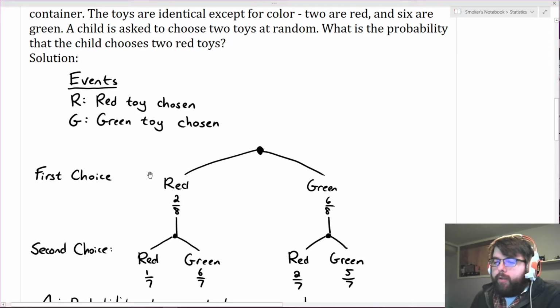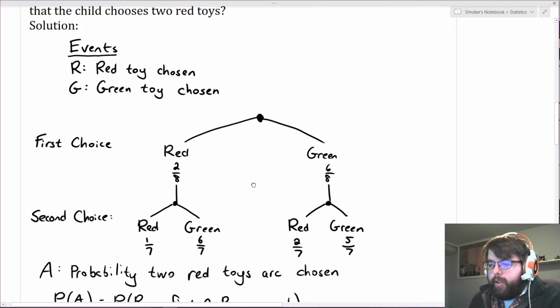So I'm pulling a red toy out, so now I have 1 red and 6 green in the basket out of a total of 7. If I pulled a green toy out, I'd have 2 red and 5 green left in the basket out of 7. So the second choice is affected by what the first choice was, okay?